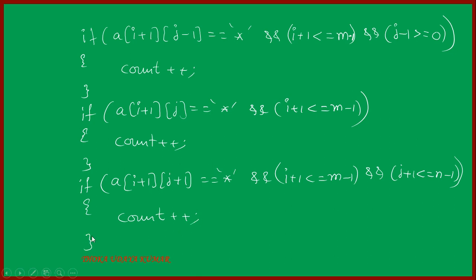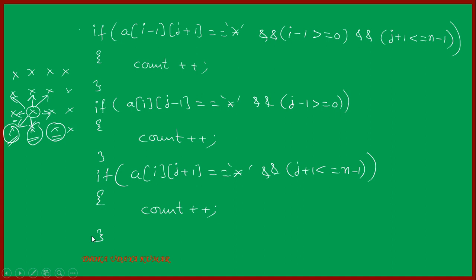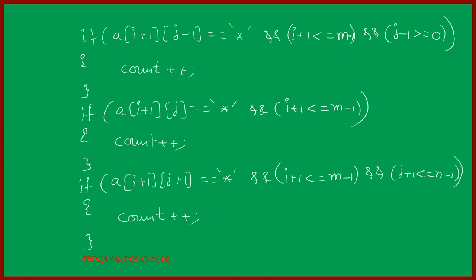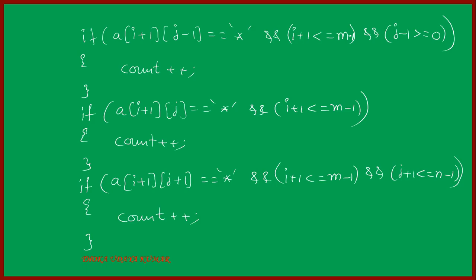Okay, so see here, we will verify all these conditions, and when the conditions are true, means when a mine exists in the neighbor cell, count will be incremented. Now you will be having the final count value in your hand.